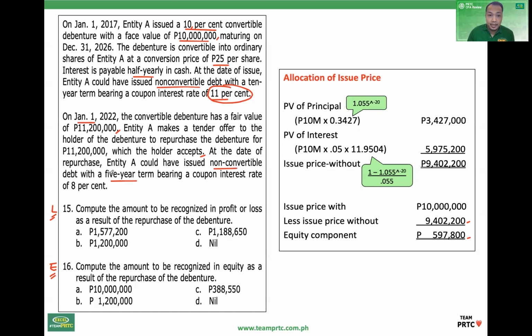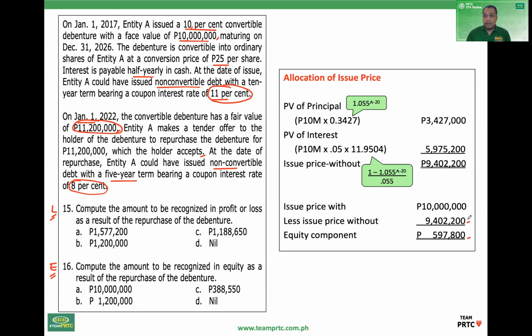So ito na lang kasi yung remaining term, bearing a coupon rate of 8%. So divide by 2, that's 4%. Yun ang market rate at that time. Okay, so ganitong situation. 5 years before due date, ni-retire. At how much? Ito yung retirement price. 11.2.